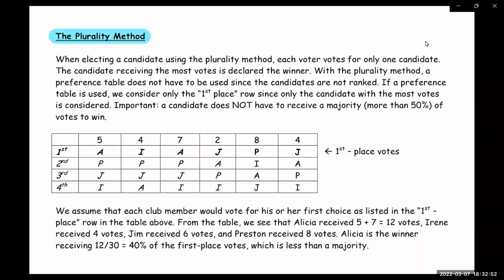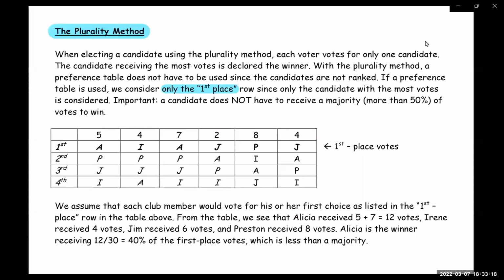If a preference table is used, we consider only the first place votes. Since the candidate with the most votes wins, a candidate does not have to receive a majority. The majority is more than 50%, but you don't have to receive the majority to win. So that's just an extra thing to remember.